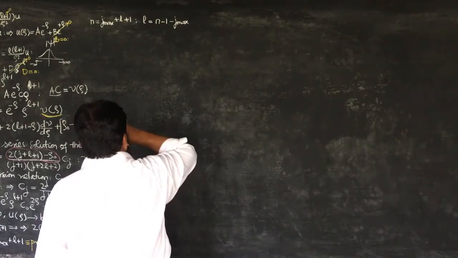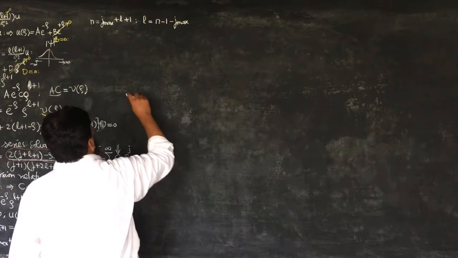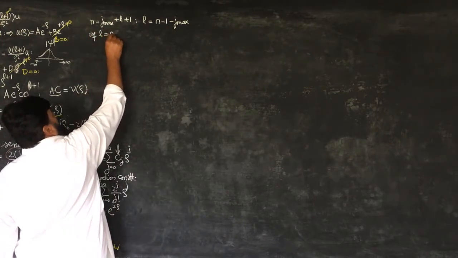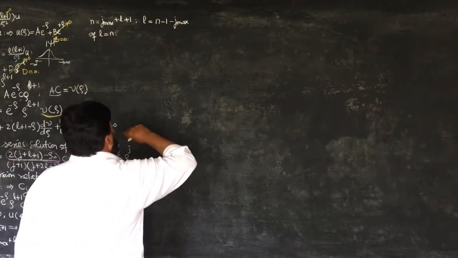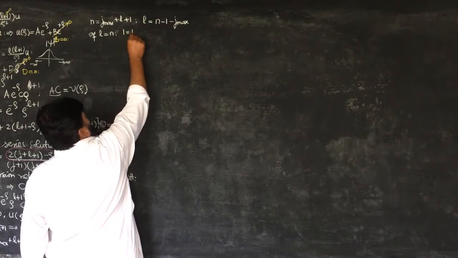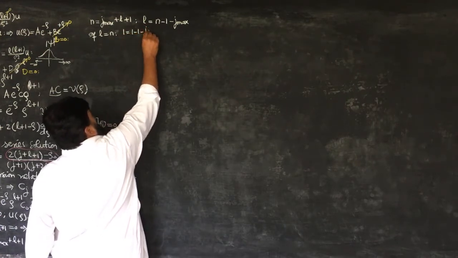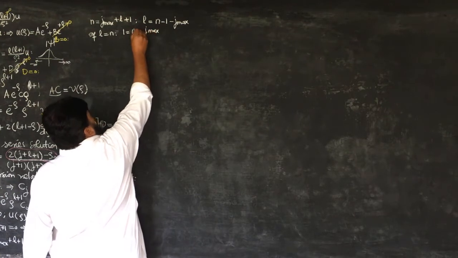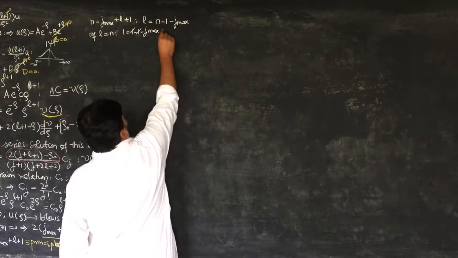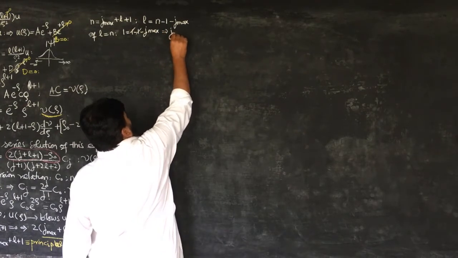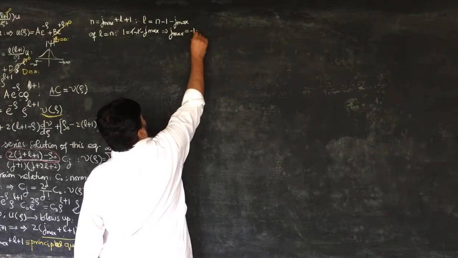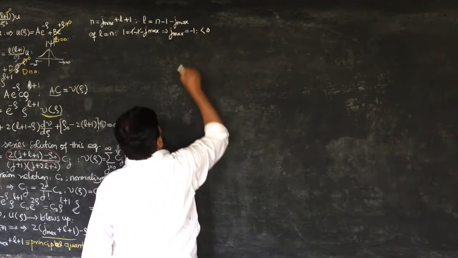Now here, if I take L equal to N, then what will happen? That 1 is equal to 1 minus 1 minus J max, and 1 is cancelled with 1, and this gives that J max is equal to minus 1, means it is negative.